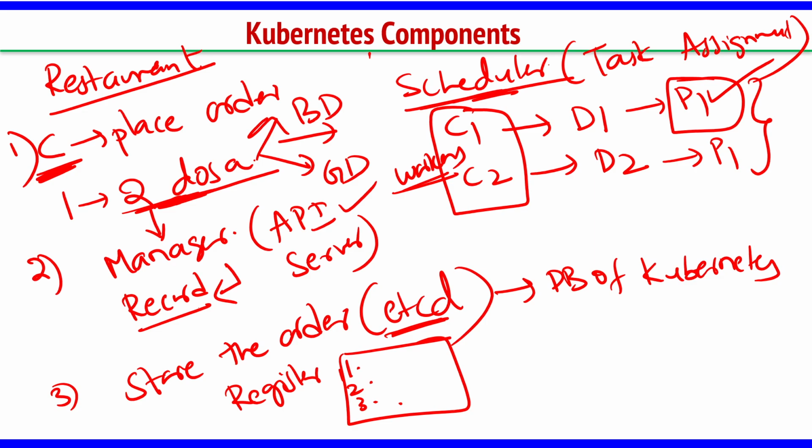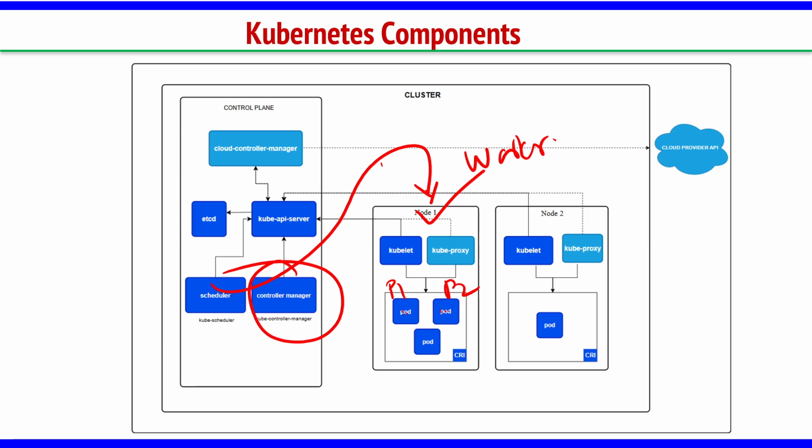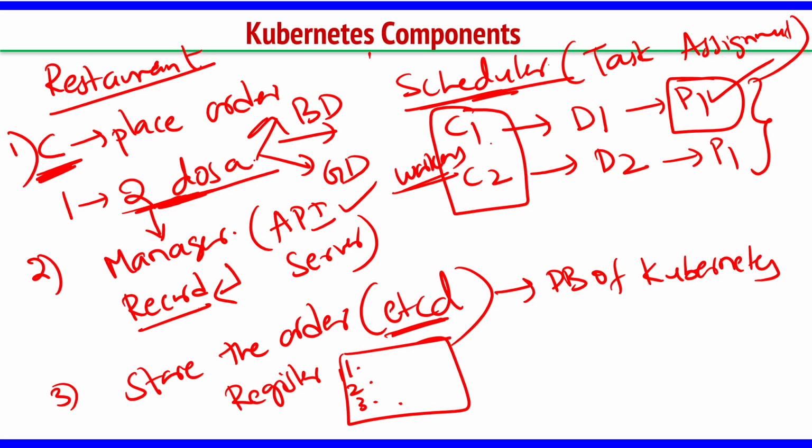So what is the job of the controller manager? The controller manager is the important person. Let's say chef 1 was preparing dosa 1 and it got burnt. Then the controller manager's job is to tell the chef, no, this dosa is not right, the customer will scold us, you prepare another dosa.